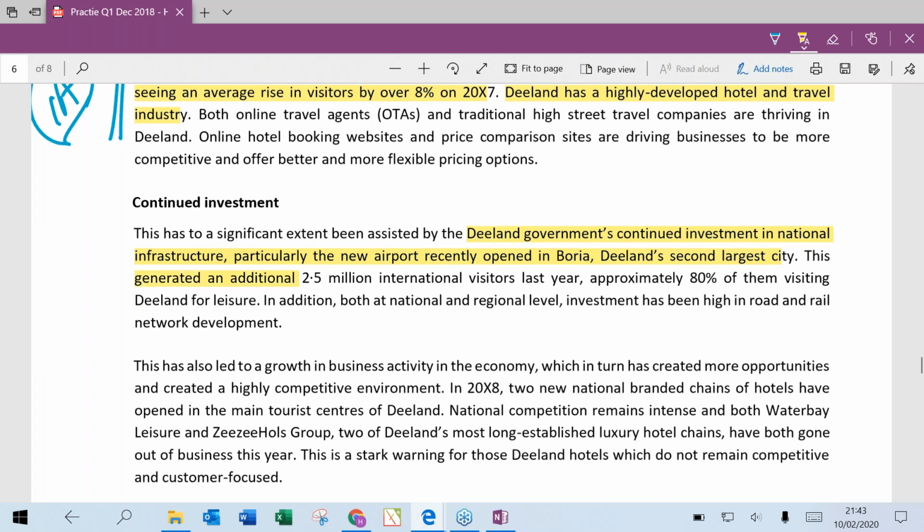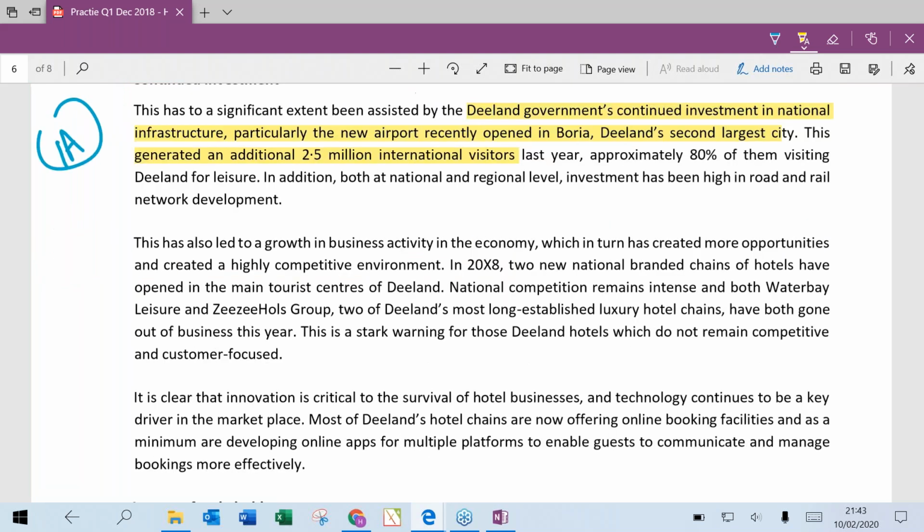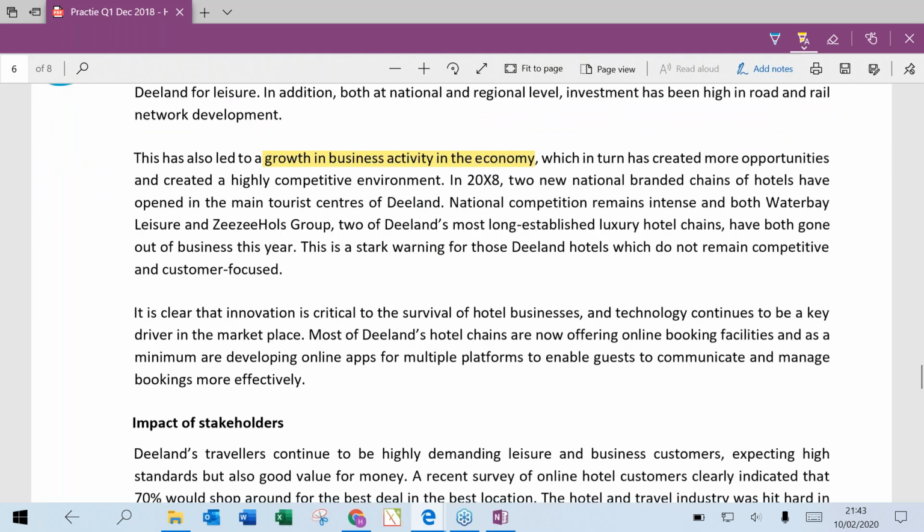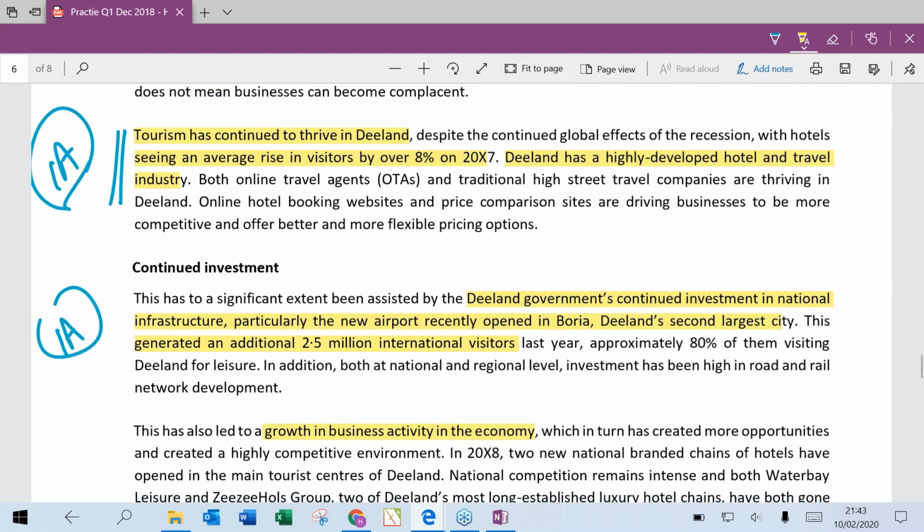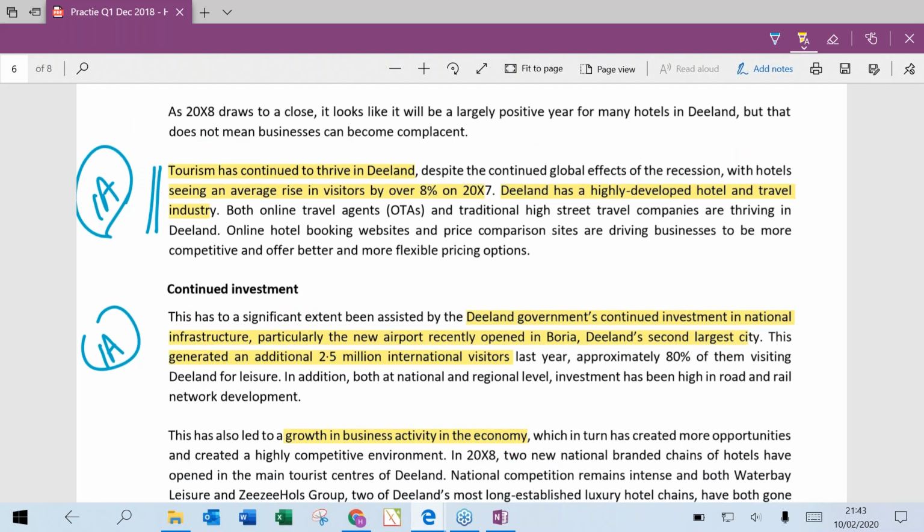Fine. So again, this is a good point that the government is investing in infrastructure. This also has led to a growth in business activity in the economy, which in turn has created more opportunities. In 2018, two new national branded chains of hotels opened.